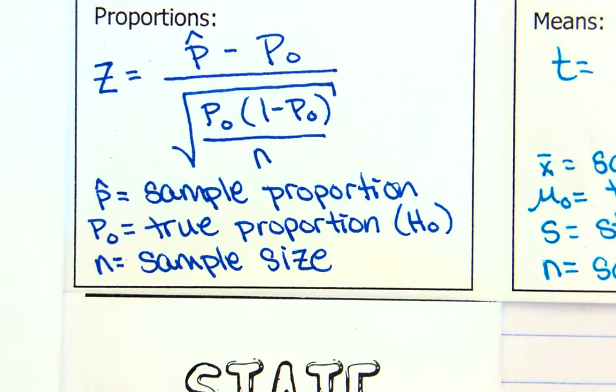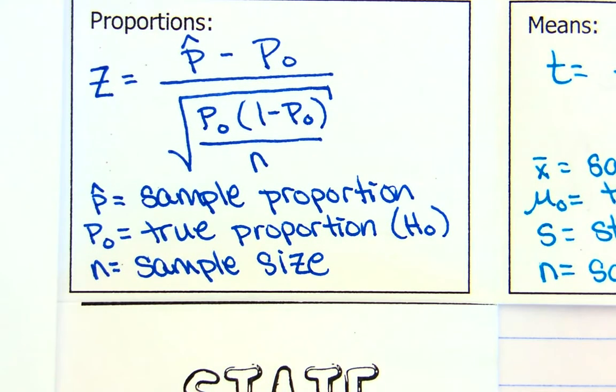For proportions, we'll have z equals, because we're doing a z-test, and the p-hat is just the proportion for our sample. p sub 0 is the hypothesized value, so the one from our null hypothesis. And then we use our standard deviation adjusted for sample size.